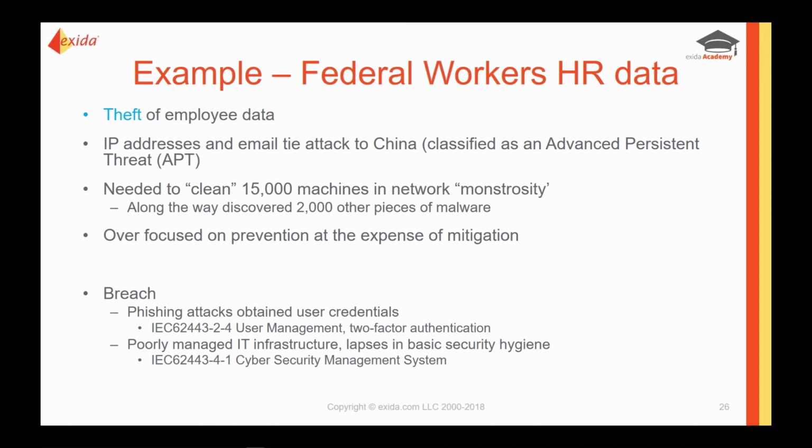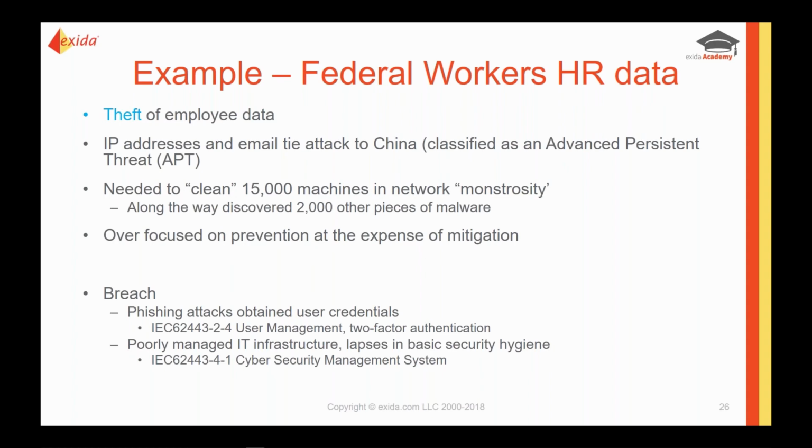This breach, among other things that were part of the overall attack pattern, was able to obtain user credentials and get in by stealing those credentials. 2-4 and the foundational requirements in 4-2, better use and management of those guidelines, would have helped prevent that.